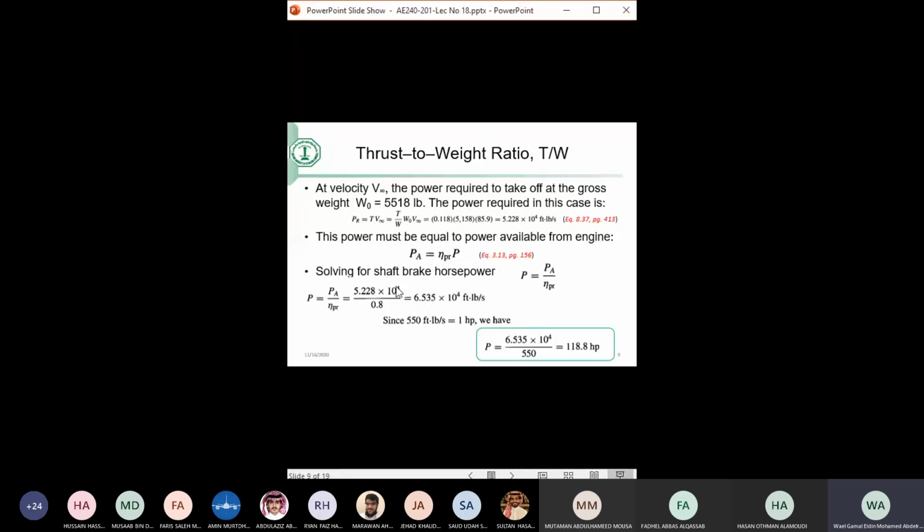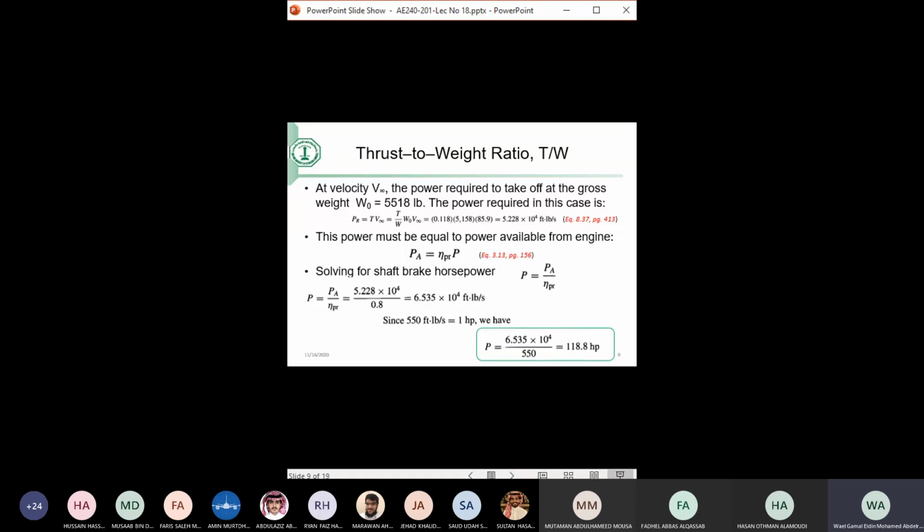So we get an engine with this power, so that after the power goes from the shaft, and that's why it's called shaft horsepower or brake horsepower, it goes to the propeller, it will be reduced to 5.2. So this is the number that I really have to convert to horsepower by dividing by 550. And this gives me 118.8 or roughly 119 horsepower.